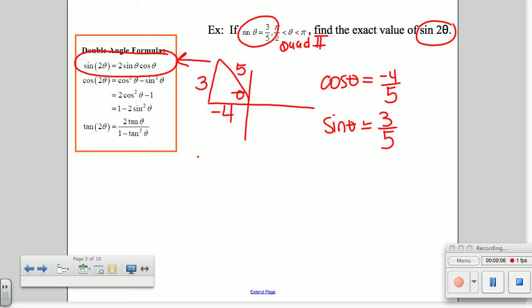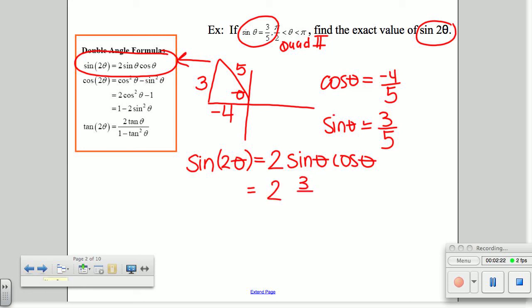I now have everything I need to find the sine of 2 theta. Remember, the formula says the sine of 2 theta equals 2 times the sine of theta times the cosine of theta. Let's plug in what we know. We know sine theta is 3/5. We know cosine theta is negative 4/5. I just have to do some multiplying now.